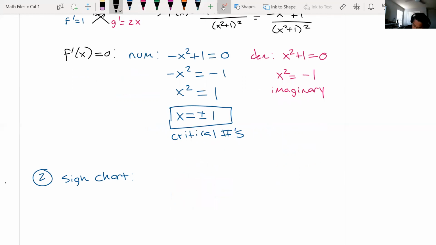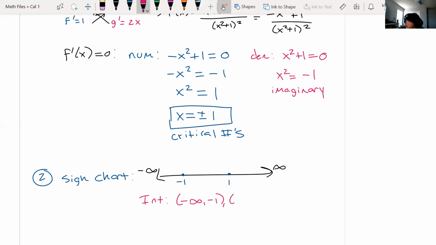Sign chart. Negative infinity, positive infinity. Here's negative 1. There's 1. My intervals. Negative infinity to negative 1. Negative 1 to 1.